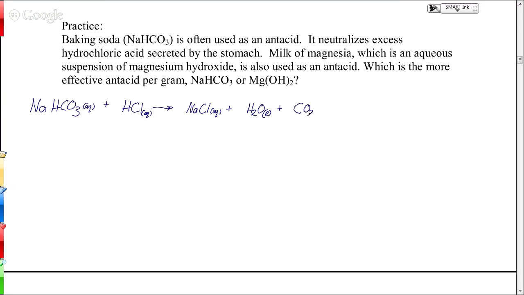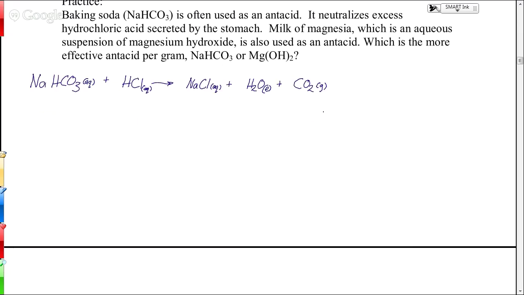And carbon dioxide. So that's how it neutralizes the acid. In the product side, we don't have any acids anymore. We just have neutral compounds, basically. Actually, it's going to make carbonic acid first, but then carbonic acid breaks down into these other products. So that's where we get those other products.